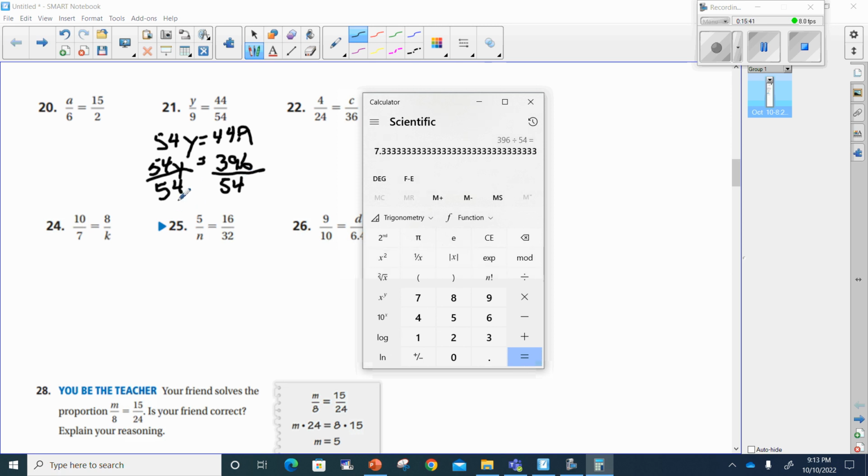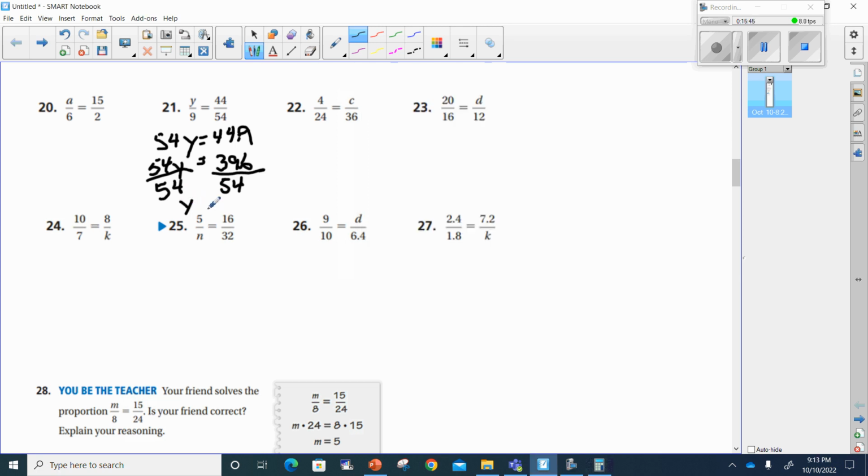So I'm going to put y equals 7.3 repeating. Does it say to put decimals? No. So if I wanted to write this as a fraction, 7.3 repeating is 7 1/3.